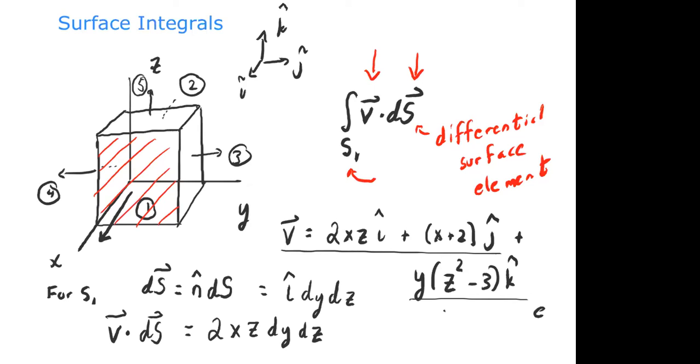Okay, so now all you have to do is the last step. So we've done one, we've identified the vector inside the surface integral. We've done step 2, we've identified the differential surface element. Now step 3 is to take this creature and do the integral over S1. So let's do exactly that.